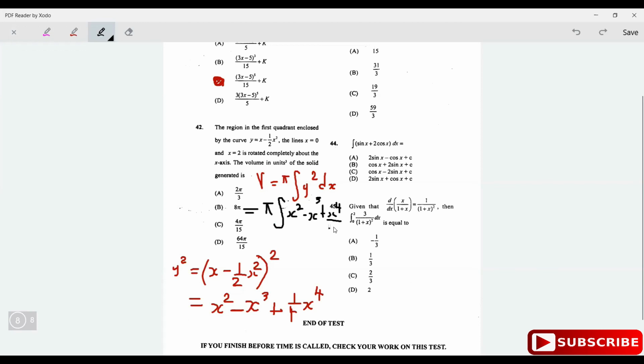When I integrate all of this, I get pi times: integrating x squared, add 1 to the power, becomes x cubed over 3, minus, when I integrate x cubed, add 1 to the power, x to the 4 over 4. When I integrate x to the 4 over 4, add 1 to the power, it becomes x to the 5th over 5 times 4, which is 20. I get plus x to the 5th over 20.